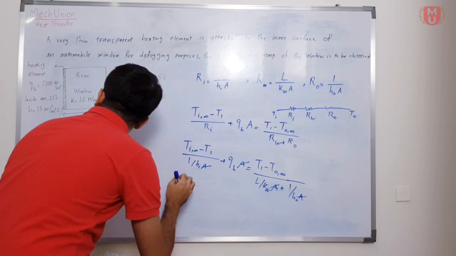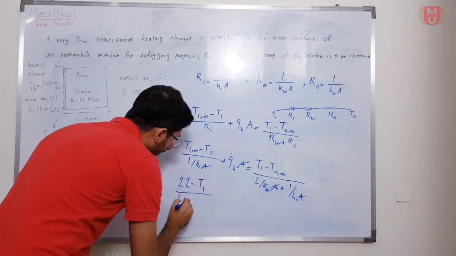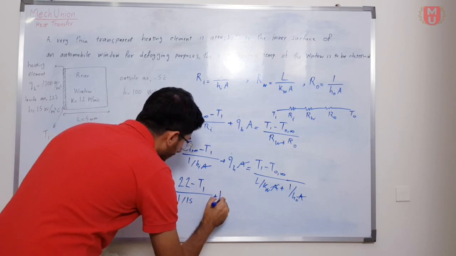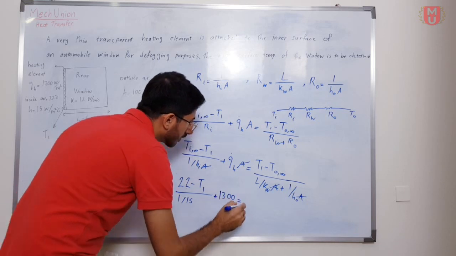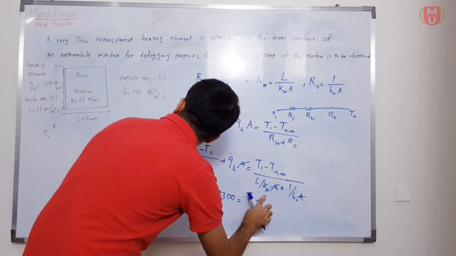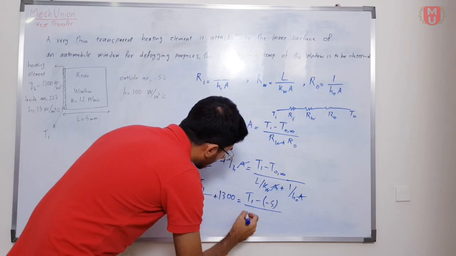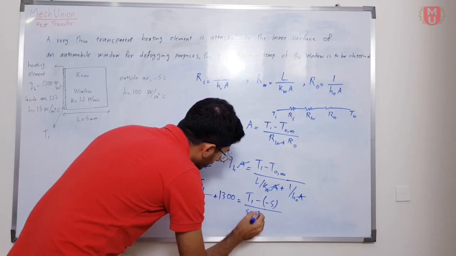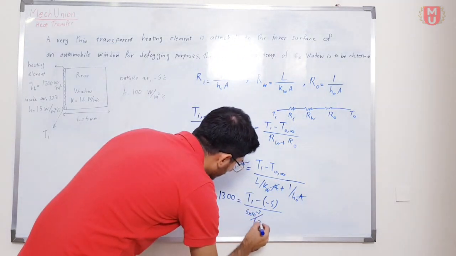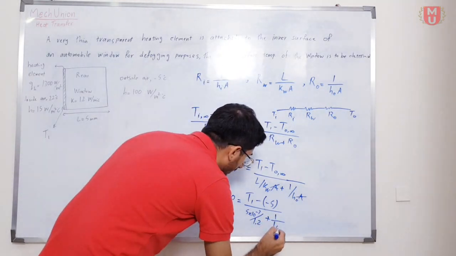22 minus T1 over 1 over 50 plus Q dot of H equals T1 minus 100 minus 5 over L, which is 5 times 10 to the power minus 3, over K of W, which is 1.2, plus 1 over 100.